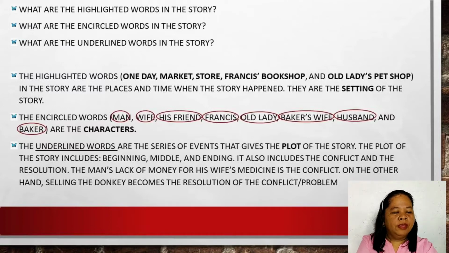The plot of the story includes beginning, middle, and ending. It also includes the conflict and the resolution. The man's lack of money for his wife's medicine is the conflict. On the other hand, selling the donkey becomes the resolution of the conflict.